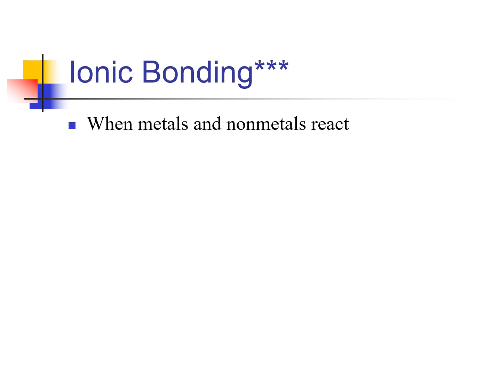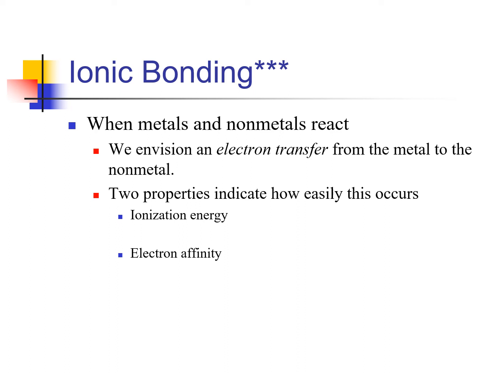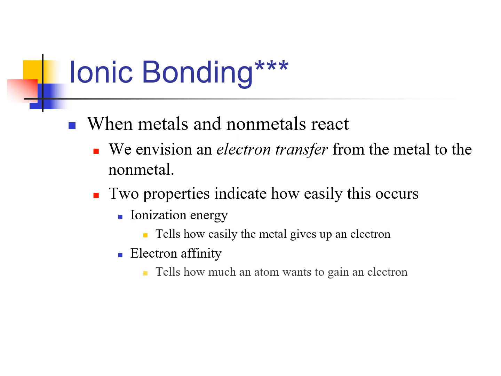So, ionic bonding. When metals and nonmetals react, what we envision is this electron transfer from the metal to the nonmetal. Now, there's going to be 2 properties that we saw back last chapters that indicate how easily this occurs. First will be ionization energy. Again, that's kind of a gauge of how easily electrons are removed from an atom, and electron affinity, how easily an atom takes electrons.